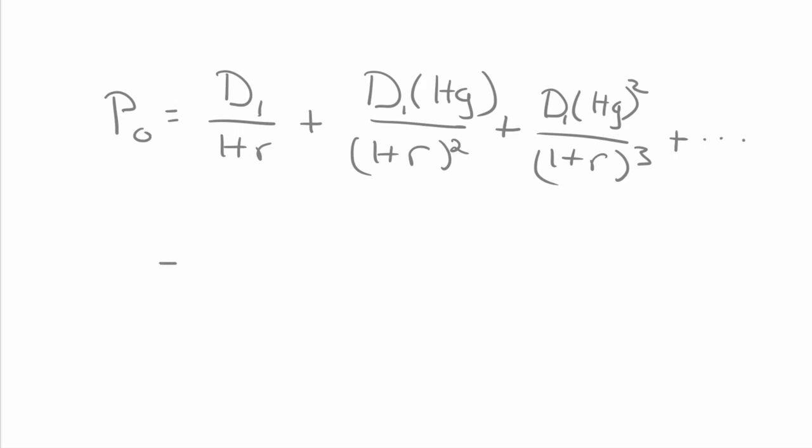And we already know what the formula is. It's the formula for the growing perpetuity. This works as long as r is greater than the growth rate of dividends.